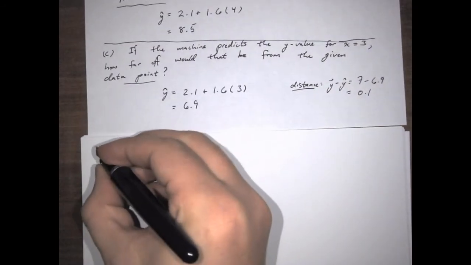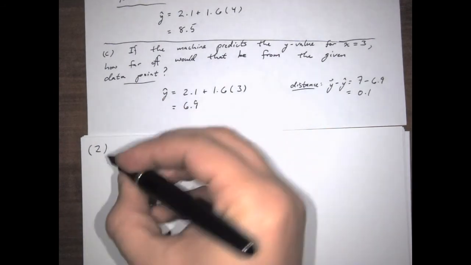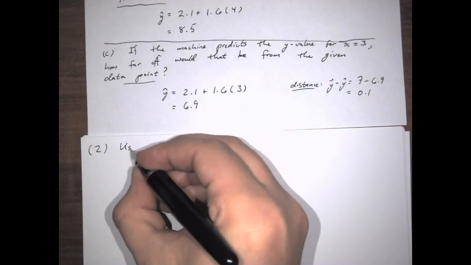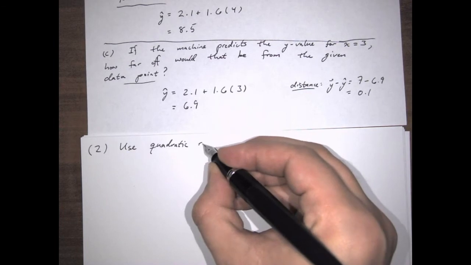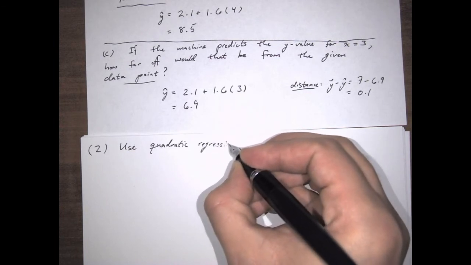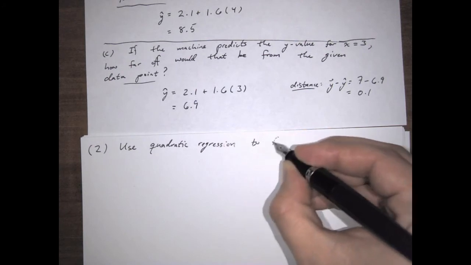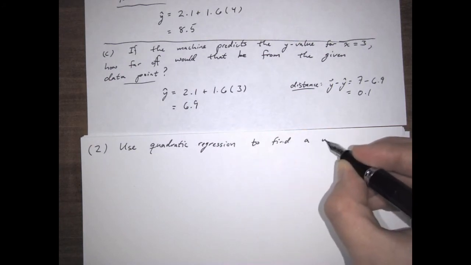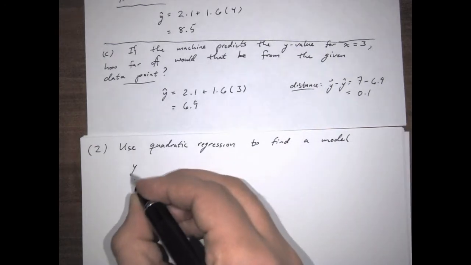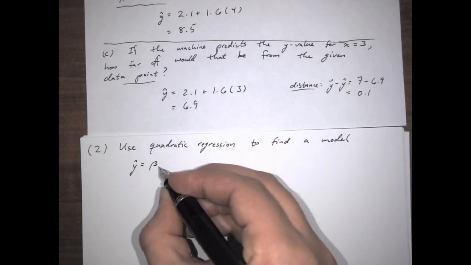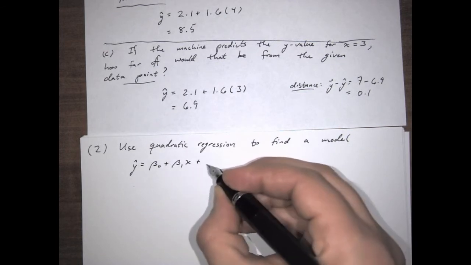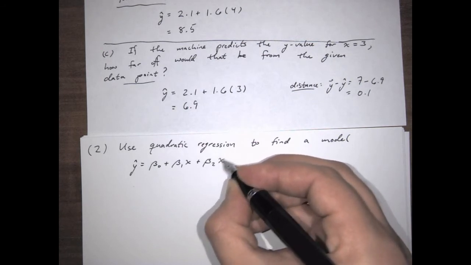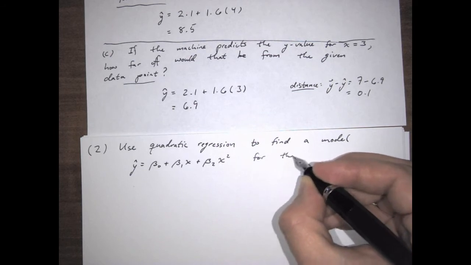Now, let's take that same data set and subject it to a different model. So use quadratic regression to find a model y hat equals beta naught plus beta 1 x, and here's what makes it quadratic, plus beta 2 x squared for the same data.